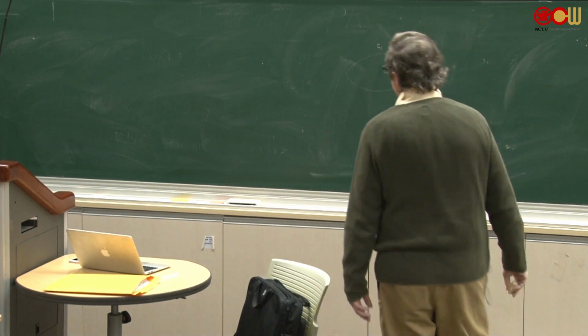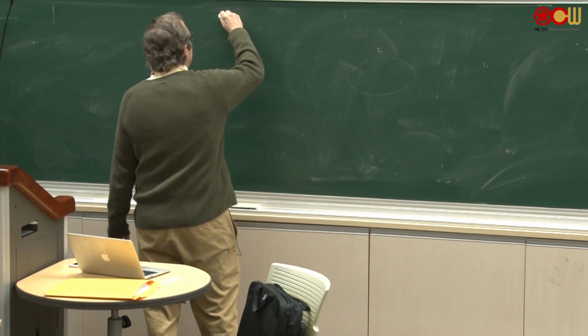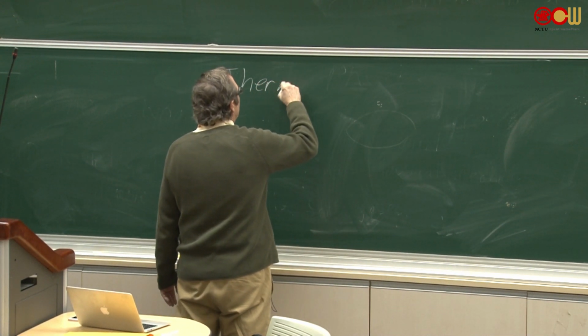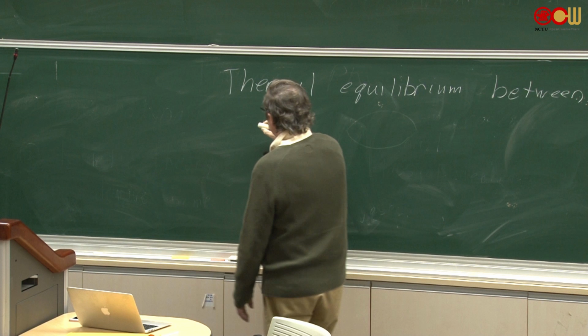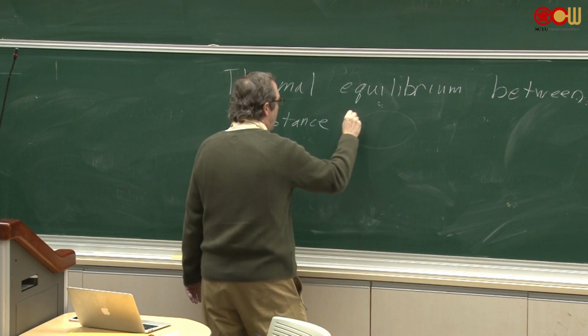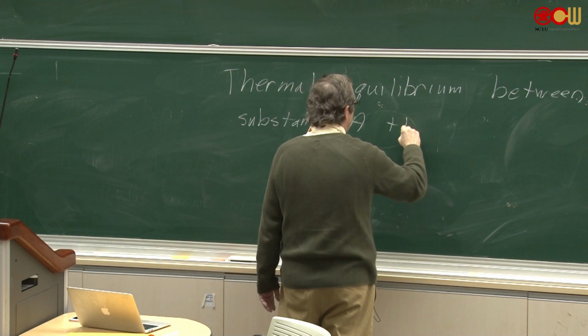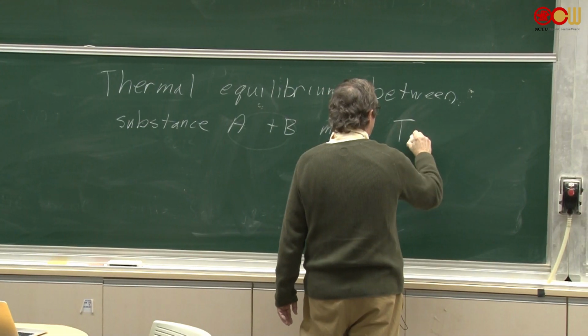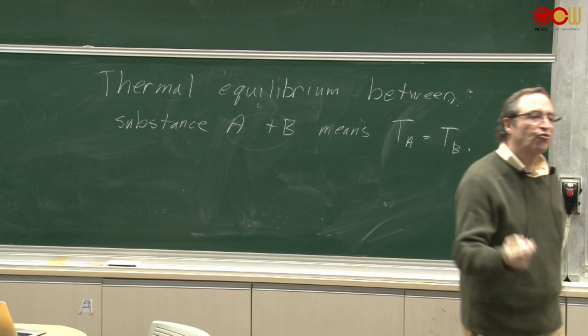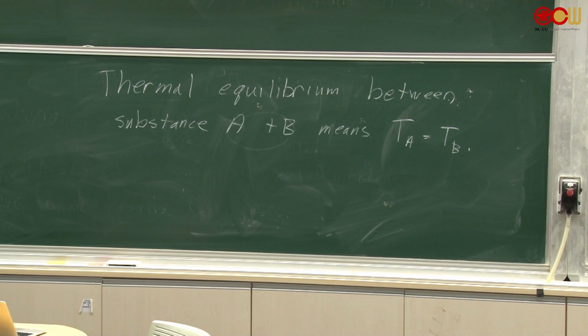All right, so let's give this a name. Thermal equilibrium between substance A and B means TA equals TB. All right, that's what temperature is all about.